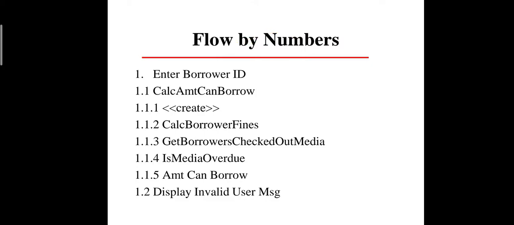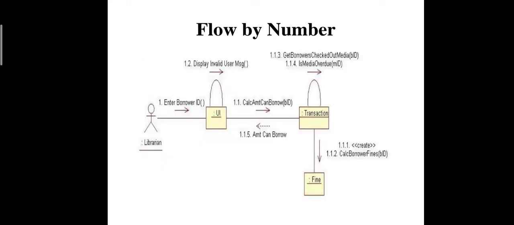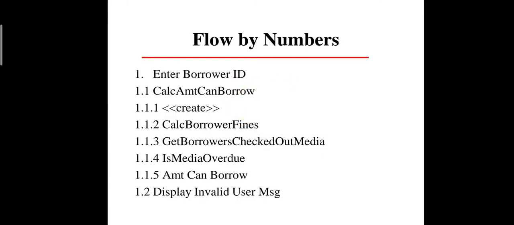Now the flow by numbers. Here, as shown in the figure, what the librarian first has to do is enter the borrower ID. After entering the borrower ID, if it matches, then it will calculate the amount that can be borrowed. So it will create that slip, or we can say payment ID, for that borrower to calculate the amount.